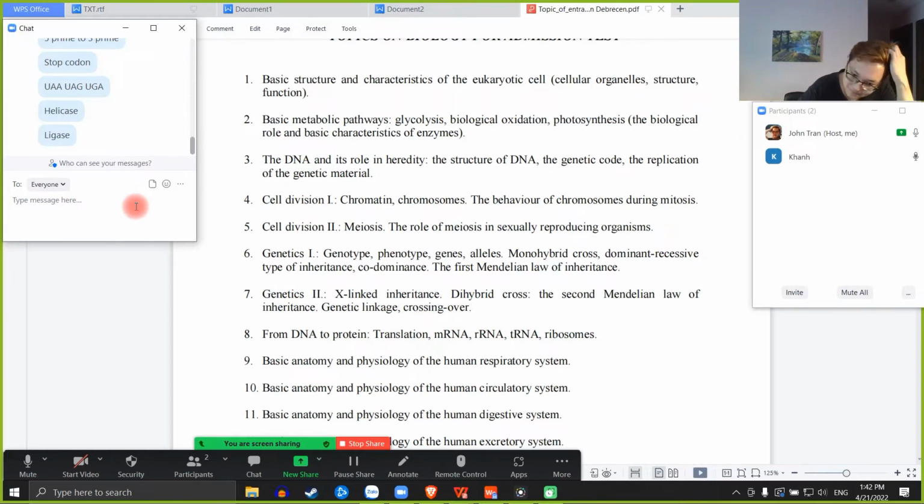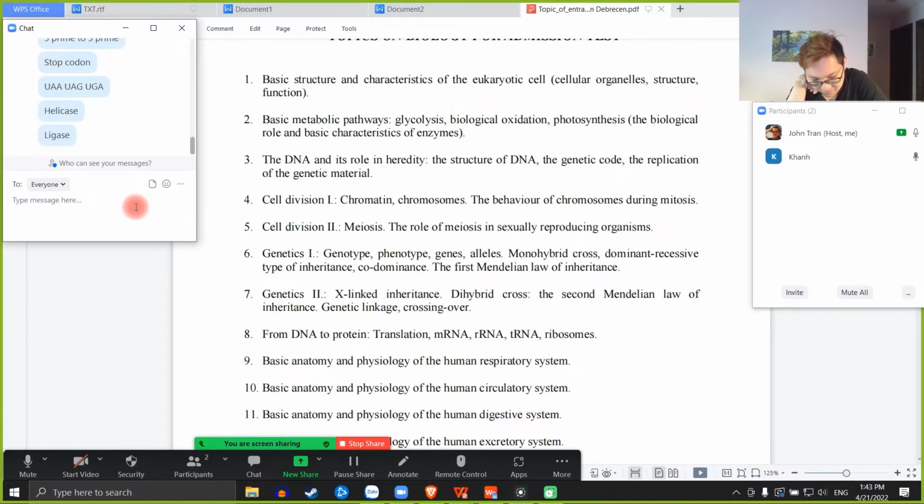Several mRNA are formed, and mRNA exits the nucleus through the nuclear pores into the cytoplasm, and it goes into the process of translation.